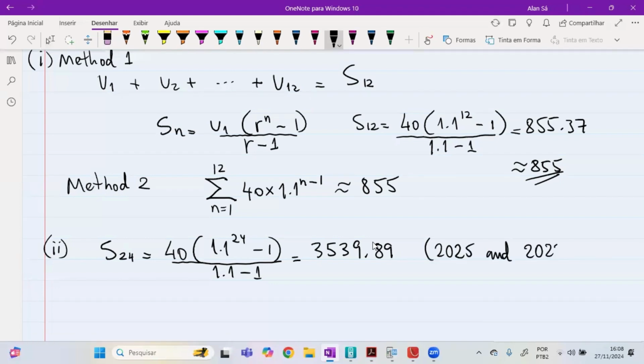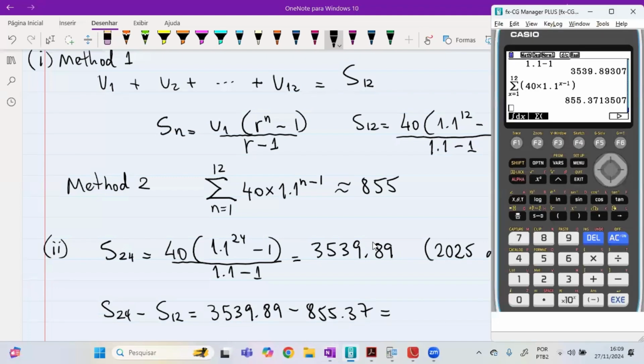We want only 2026. So what we do is subtract the number of cars from 2025. We have found this previously. So we do 3,539.89 minus 855.37. And then we round this answer at the end.